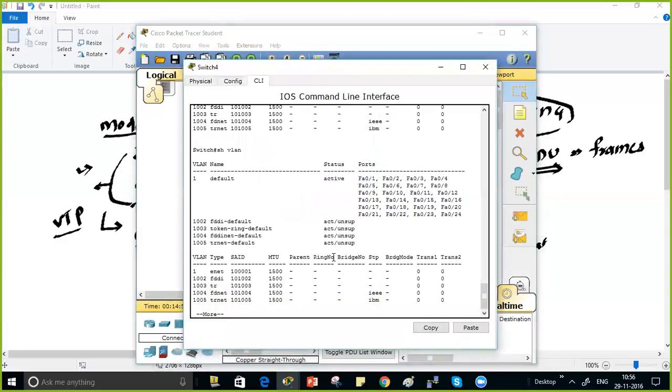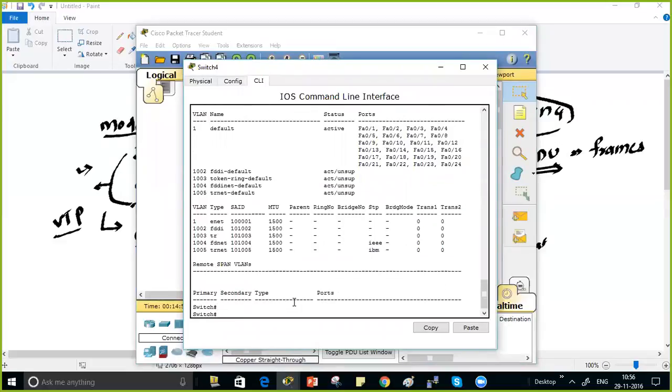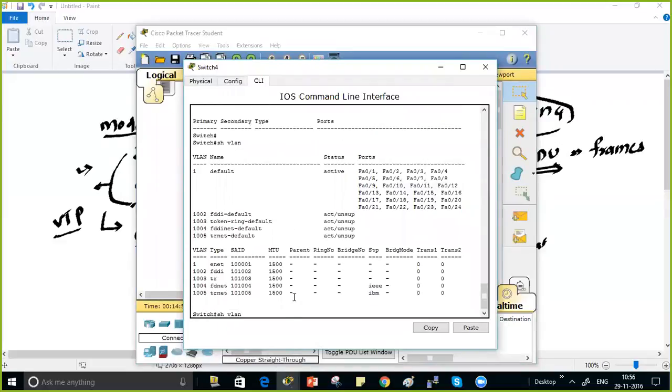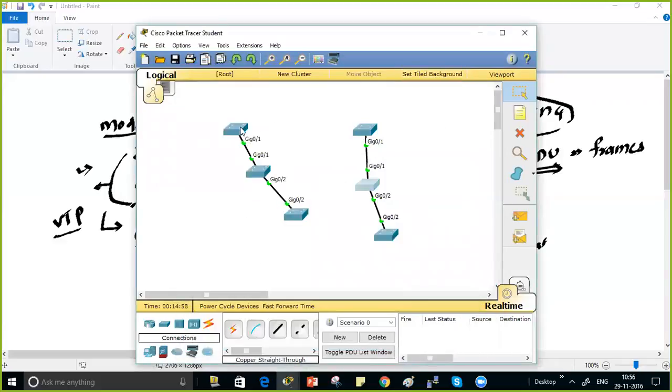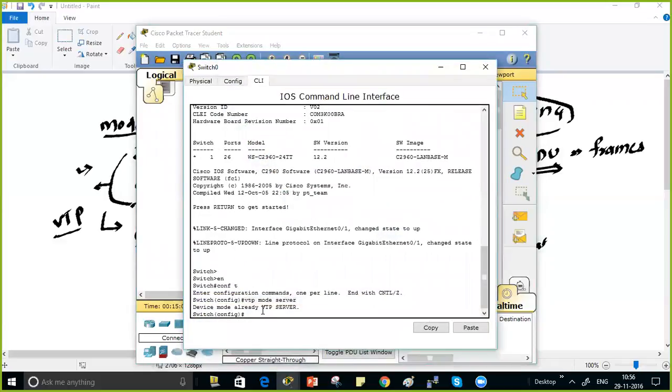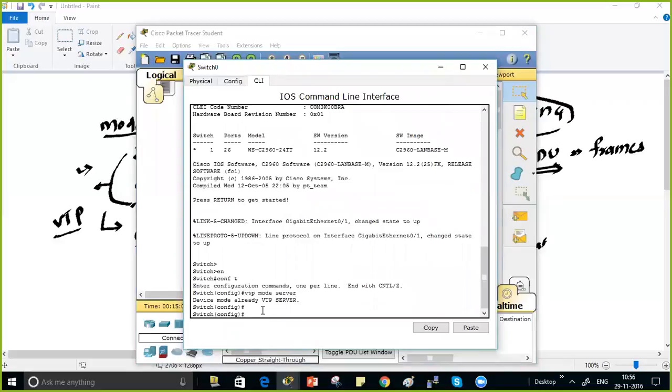Give me one second. Now I'm configuring VLANs here.